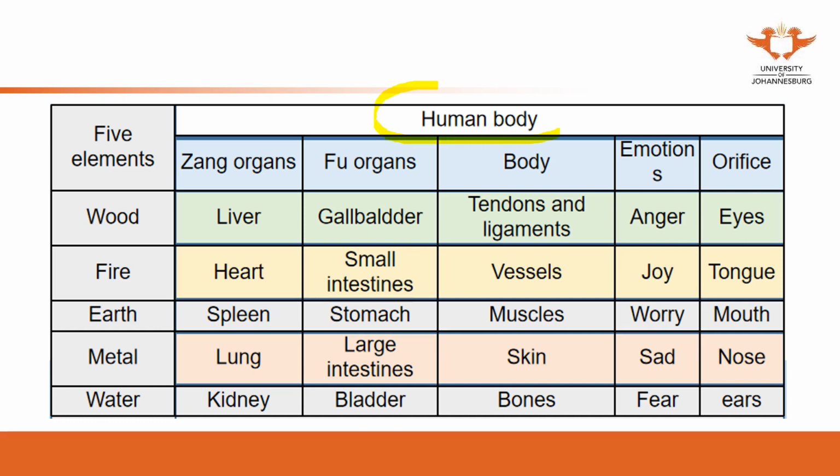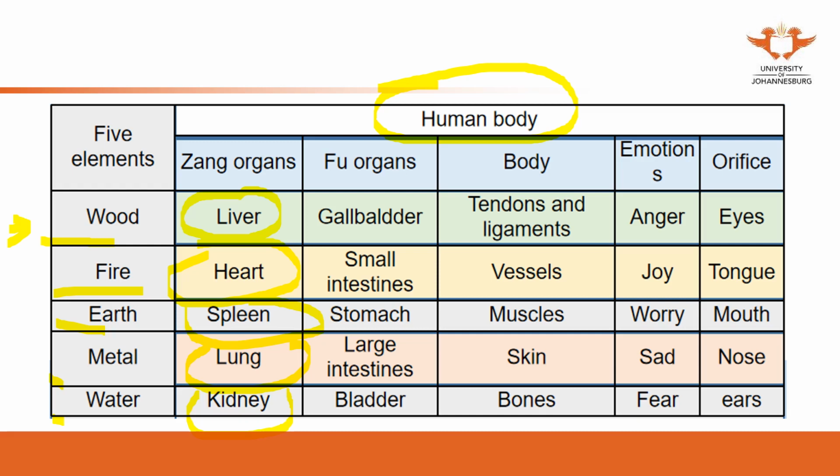In Chinese medicine, we put everything in groups, especially the 5 elements: wood, fire, earth, metal, and water. Although we don't call it the wood system, we call it the liver system, the heart system, the spleen system, the lung system, the kidney system. Then when you put these 5 systems together, it becomes the human body.